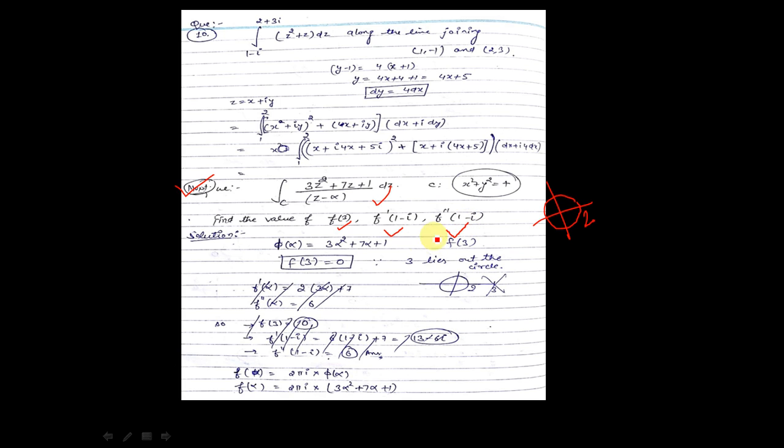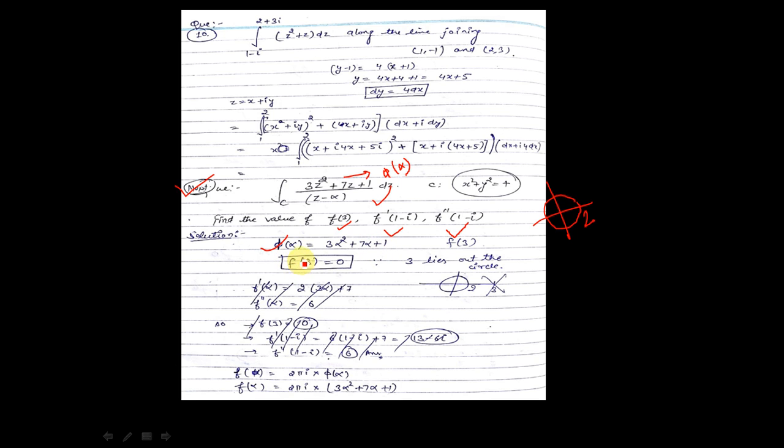We have to calculate the value of f of 3. Since alpha is given as 3 and the radius of the circle is 2 units, 3 will be somewhere here, so this pole is located outside the circle.